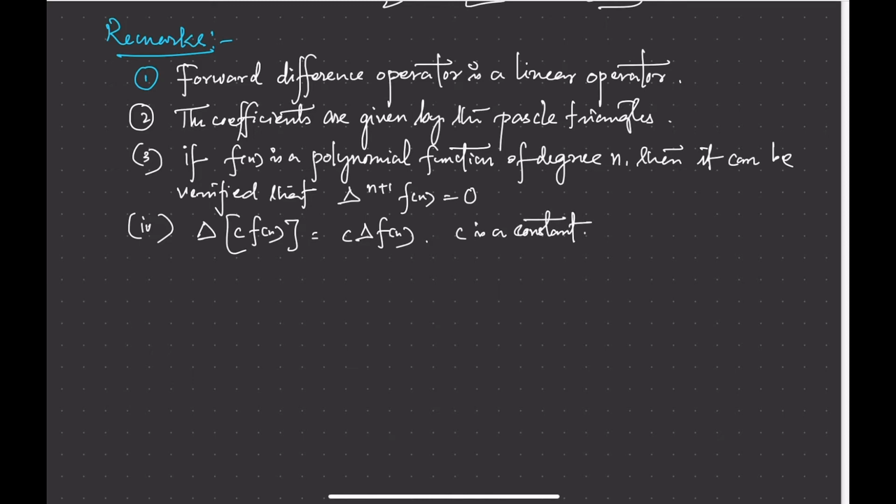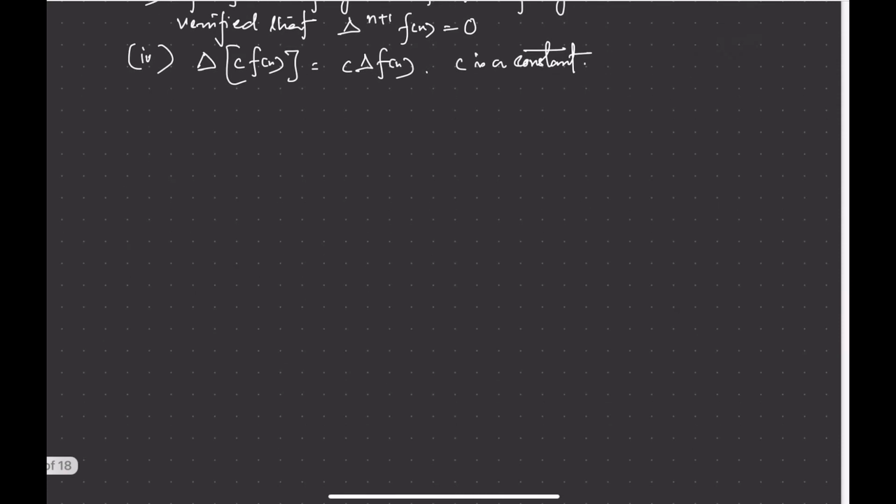Okay, so I'm going to draw the forward difference table here. What exactly is the forward difference table? Del of fi is nothing but f of i plus 1 minus f of i. Okay, this is a forward difference table.